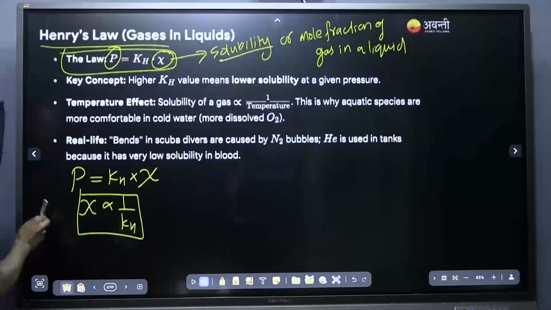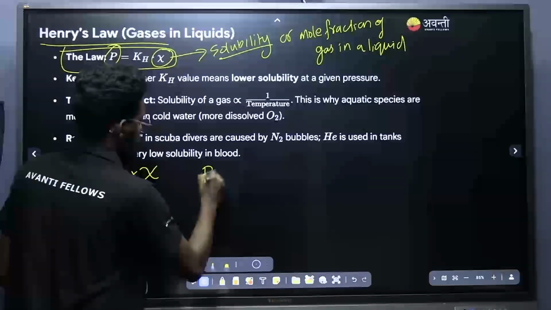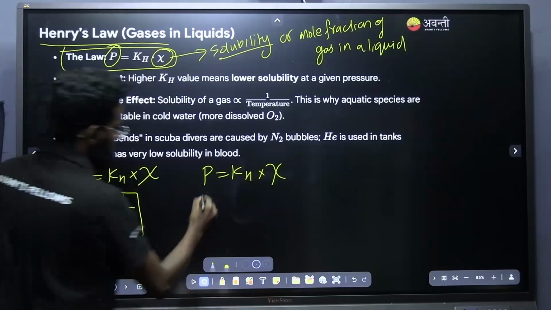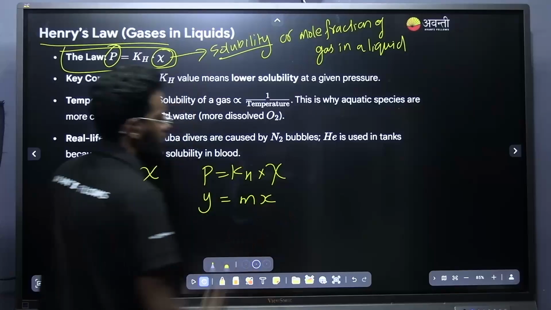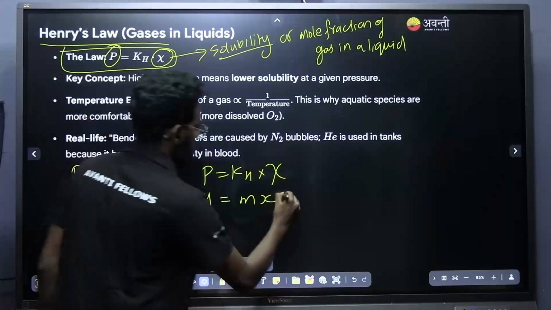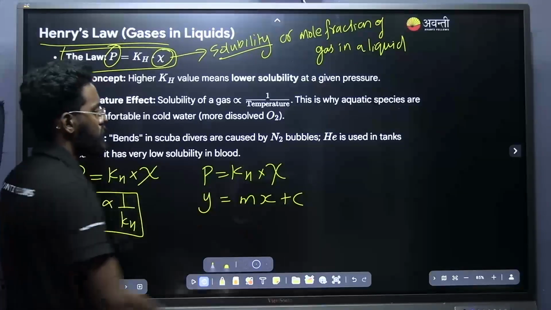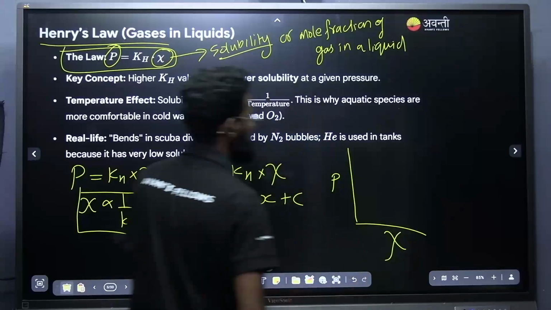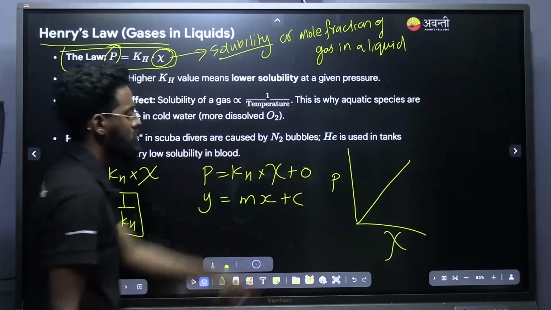Now we can also go into the graphical representation. We know that P is equal to Kh into mole fraction, and this equation is similar to the equation of a straight line, in which Kh is the slope. If I draw the graph of pressure versus mole fraction or solubility, I will get a straight line with a zero intercept.